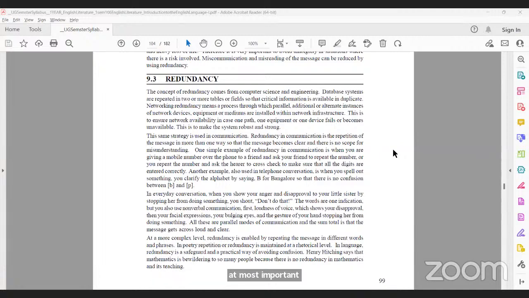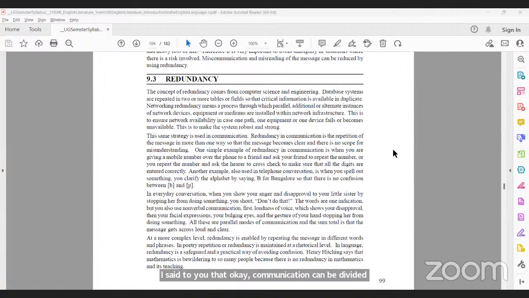Now, in terms of communication, I talked about two types, human communication and animal communication. And I said that communication can be divided into two ways. One is verbal, another one is non-verbal.